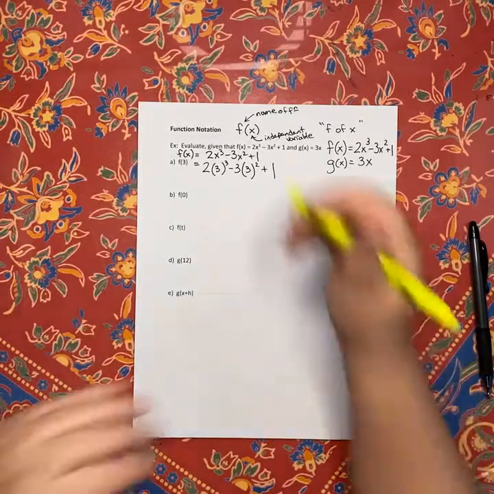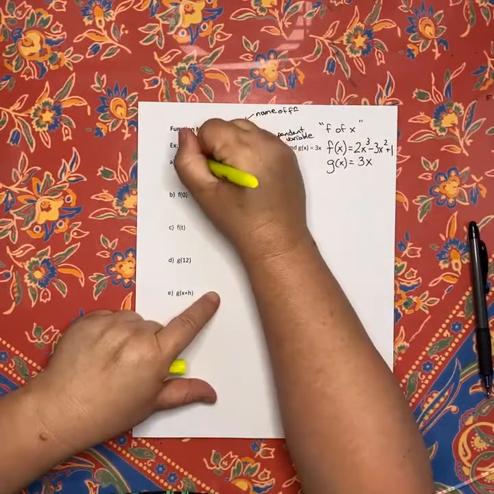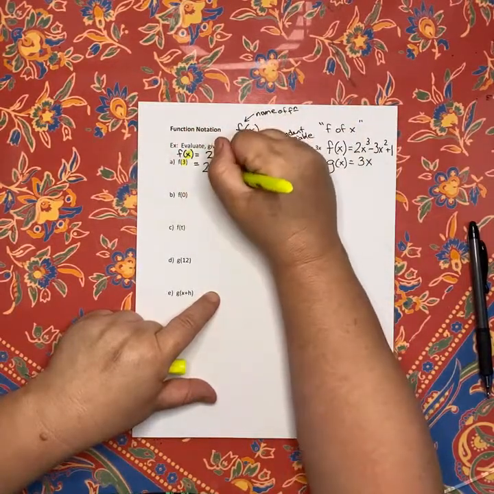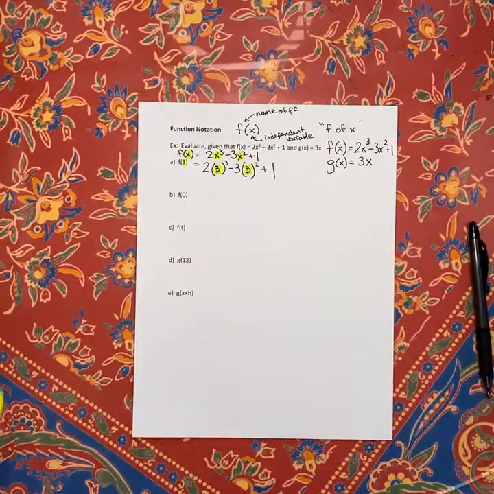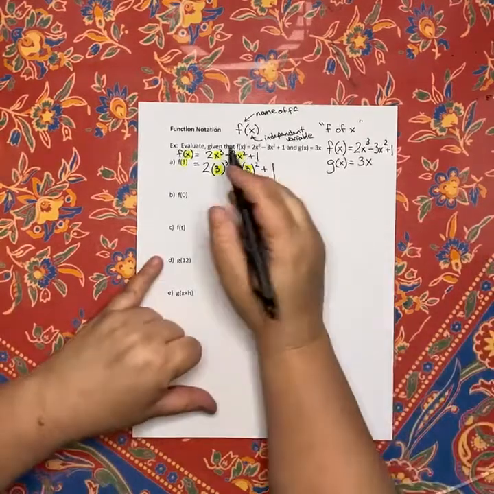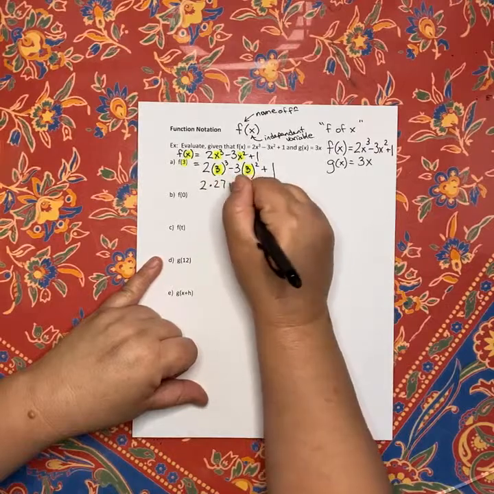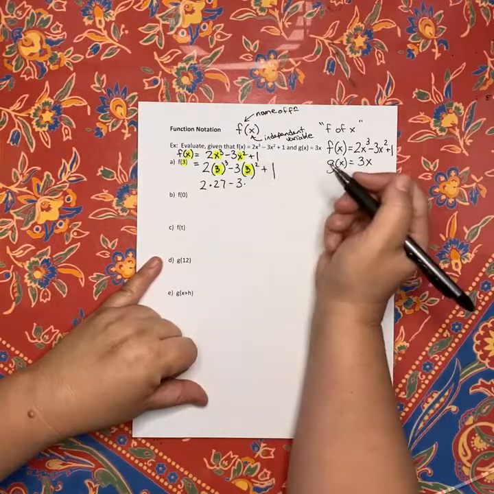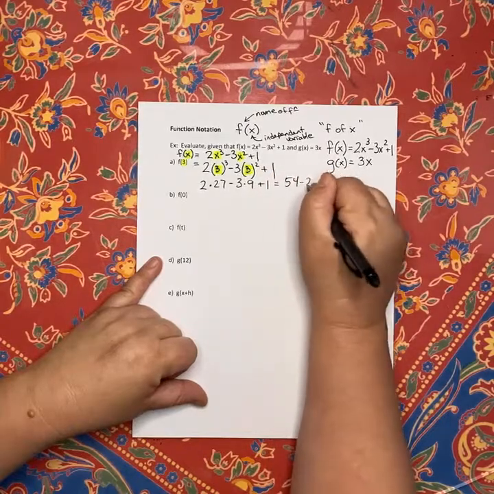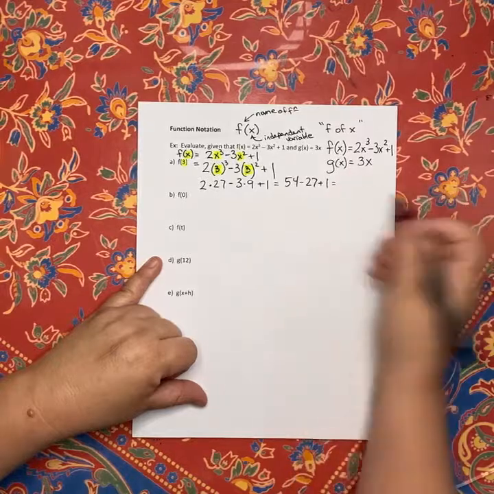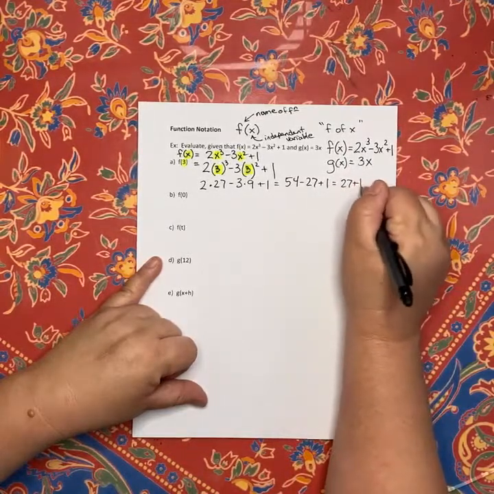Hopefully not take us to Smeary Town. So wherever the x was, I'm going to put in the 3. It's a little Smeary Town, but hopefully not too terrible. So 3 cubed is 27. So I've got 2 times 27 minus 3 times 3 squared is 9 plus 1. So that's 54 minus 27 plus 1. 54 minus 27 is 27. Plus 1 is 28.